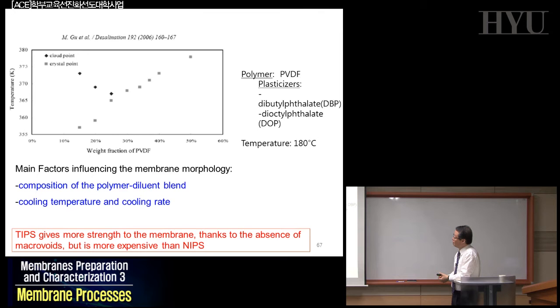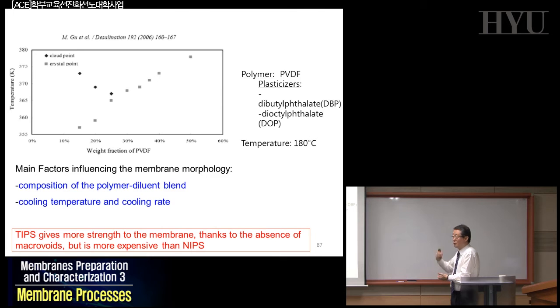Okay, so these are two very important aspects of the compositions. The membrane morphology is influenced by two factors. First one is the concentration of PVDF, in other words, the composition of the polymer and diluents, okay, and the temperature of the cooling bath.